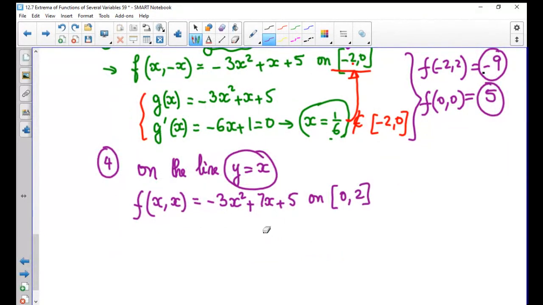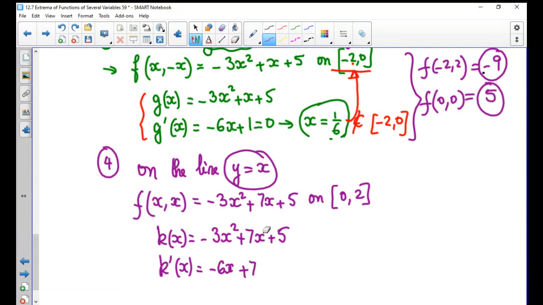So again, this function, you can call it whatever you want to call, maybe k of x now is just a function of one variable. Yeah, so its derivative is minus 6x plus 7, and we put that equal to 0. So x is 7 over 6.